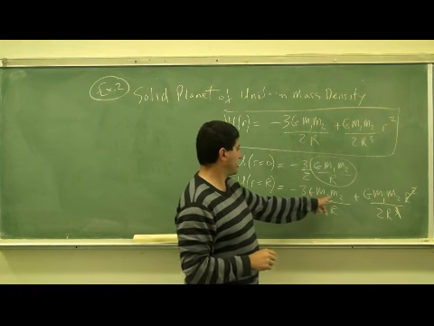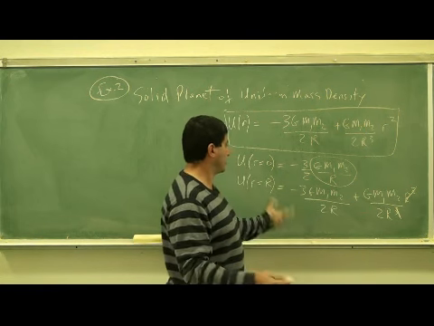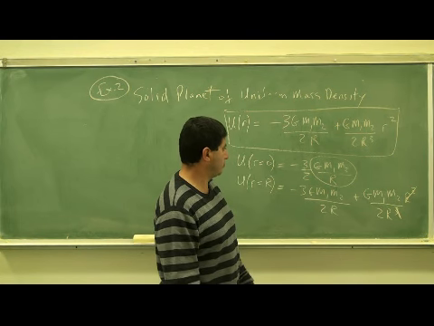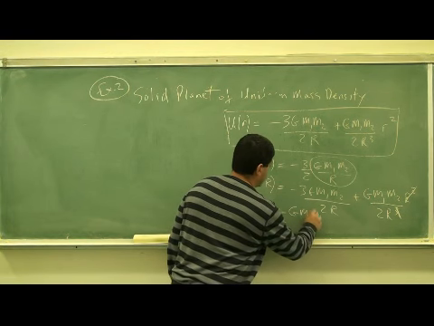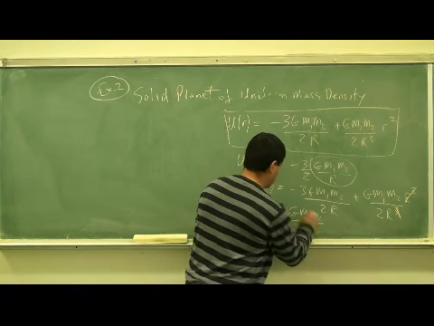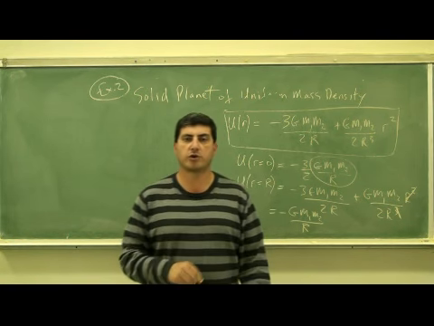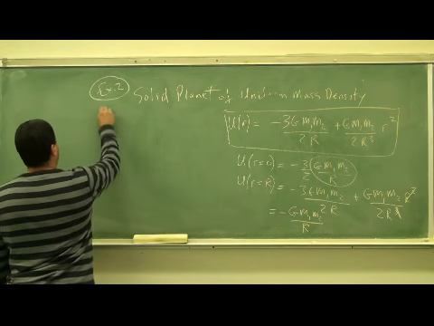Then I have negative 3 G m1 m2 over 2R plus G m1 m2 over 2R. You get negative 2 G m1 m2 over 2R. So you get negative G m1 m2, negative 2 over 2, so that just cancels. You get negative G m1 m2 over R, so it is continuous. So it looks like this then.